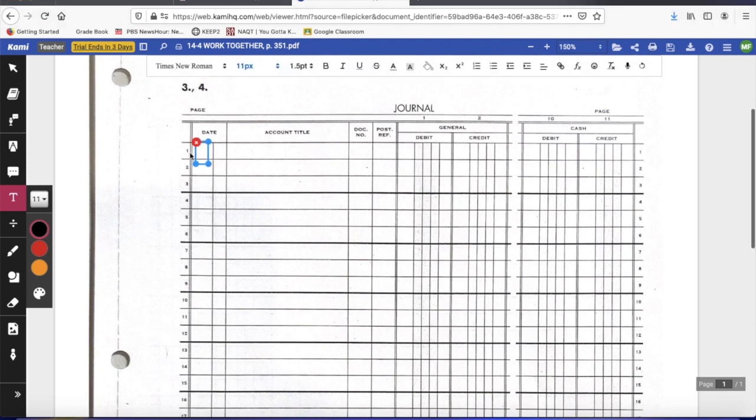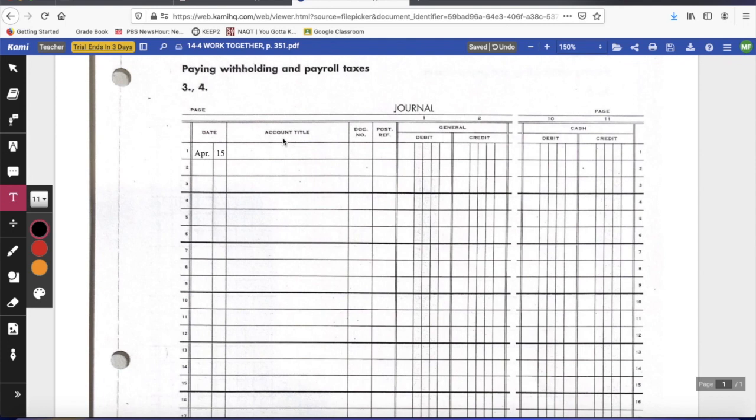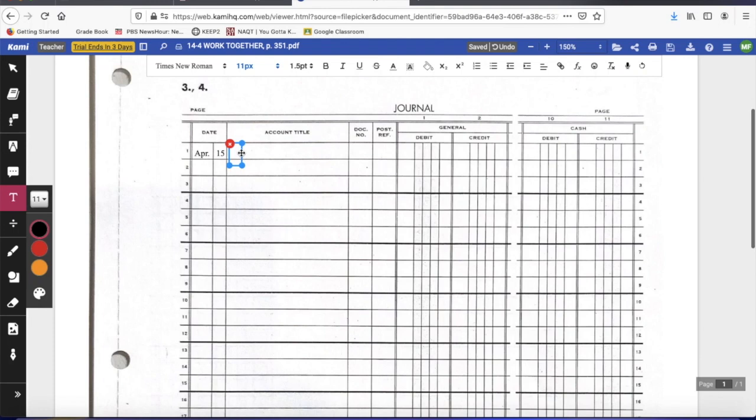So the day that federal taxes are due, not this year, but every other year, is, I can't spell today, April 15th. And our account title for that first line is going to be employee income tax payable.